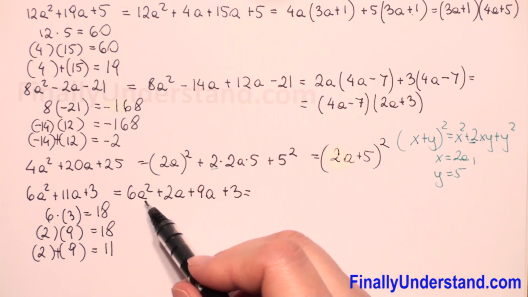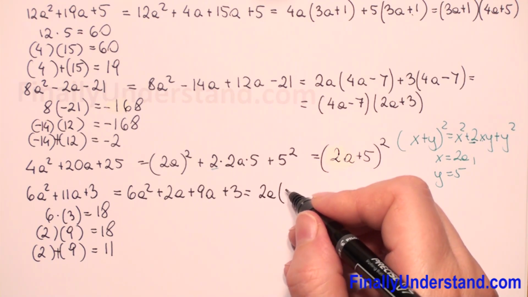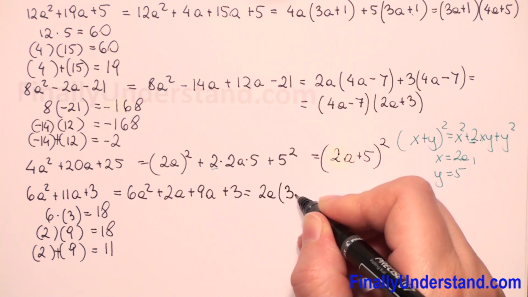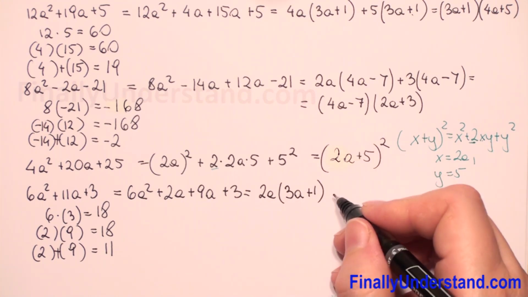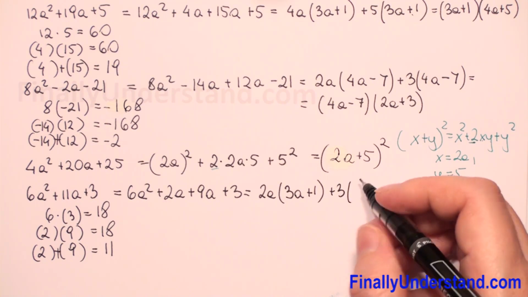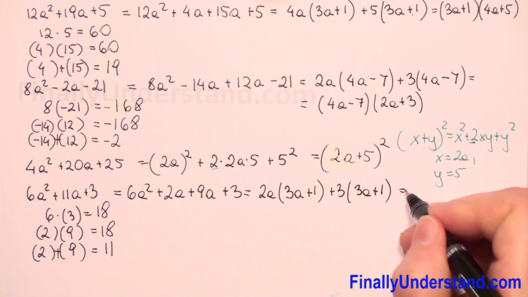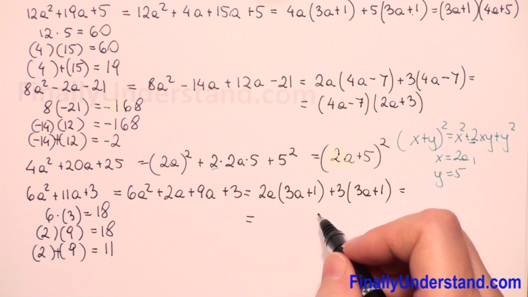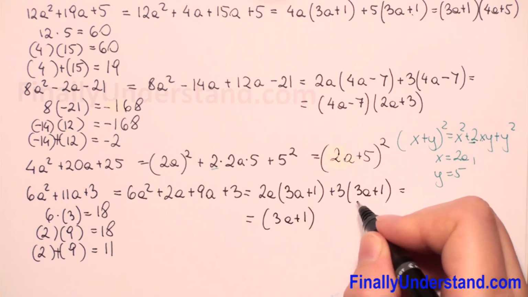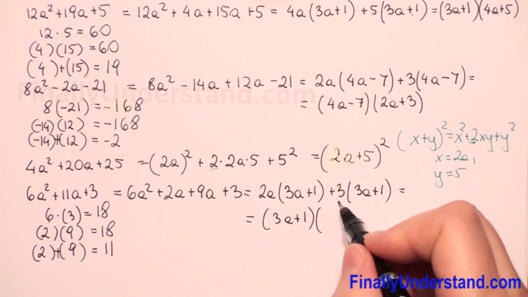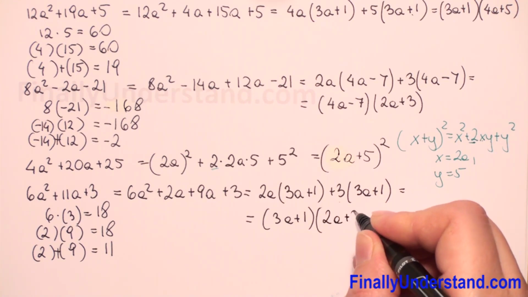Now we can factorize 2a from the first two terms, and in parentheses we will have 3a plus 1, and from the last two terms I can factorize 3, and in parentheses we will have 3a plus 1. So this is equal. We can factorize 3a plus 1 because we have these terms in parentheses, and whatever is left will be in the second parenthesis, so it will be 2a plus 3.